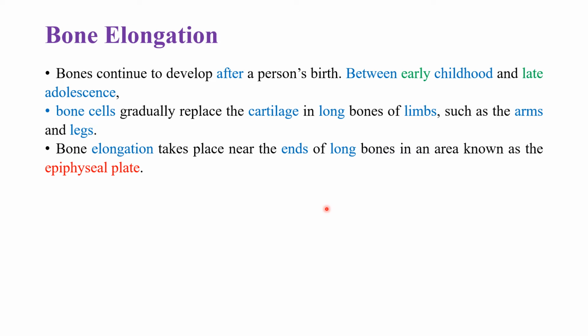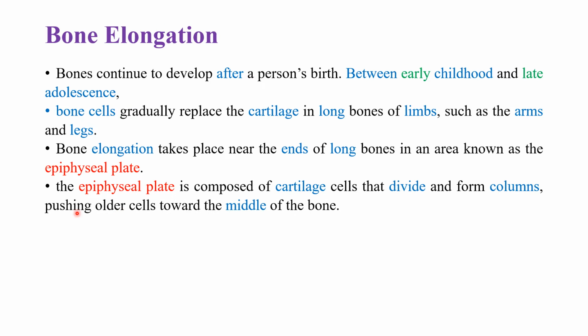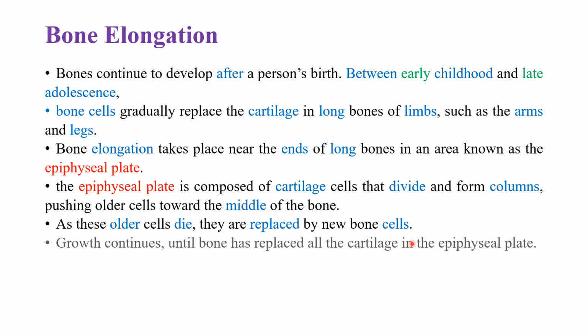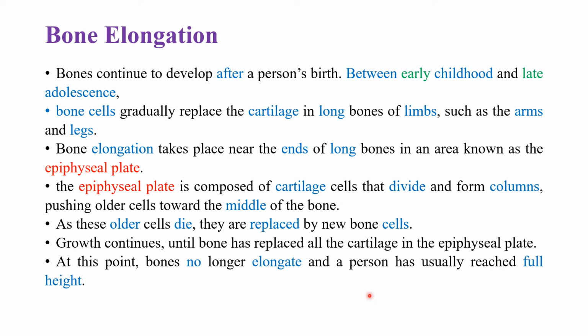Bone elongation takes place near the end of long bone in an area known as the epiphyseal plate. The epiphyseal plate is composed of cartilage cells that divide and form columns, pushing older cells toward the middle of the bone. As the older cells die, they are replaced by new bone cells. Growth continues until bone has replaced all the cartilage in the epiphyseal plate.